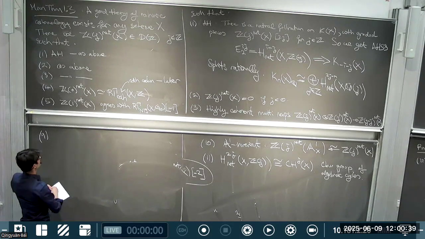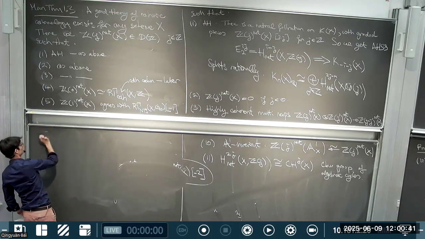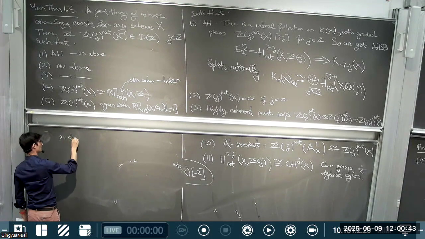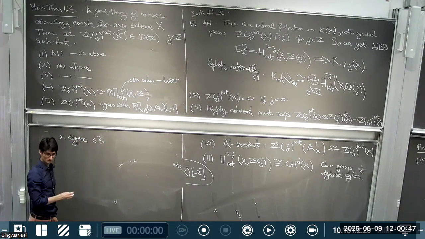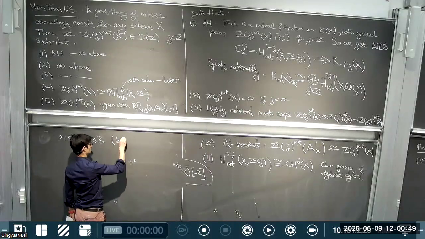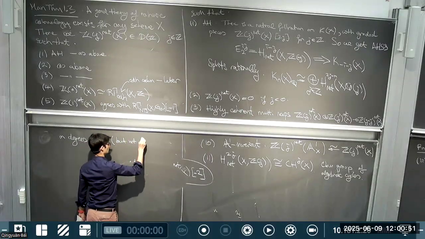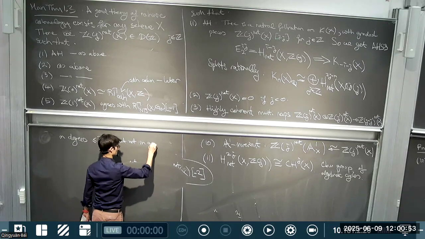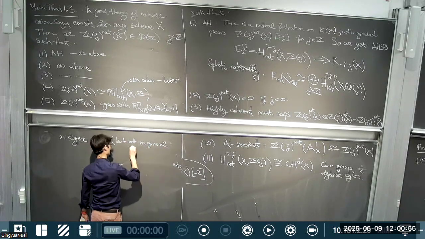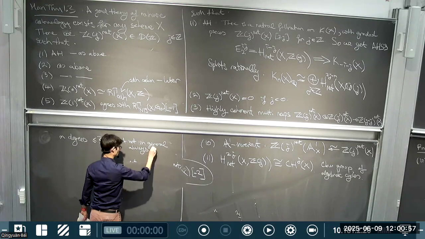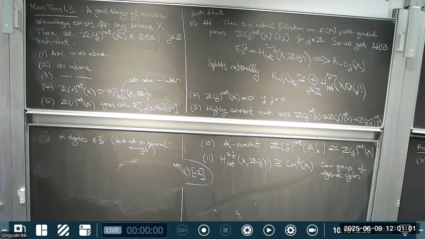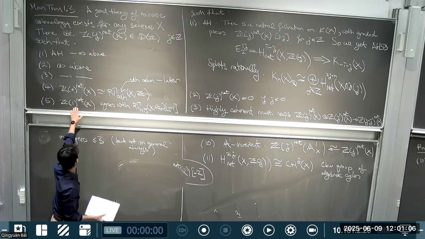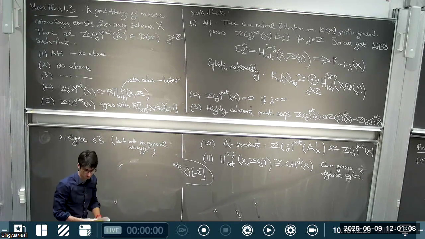It agrees with that in degrees less than or equal to 3, but not always in general. Again, this is forced upon you by what you see in K-theory. You see rational pieces of K-theory appearing, which have got to force this to not be the same as that rational thing.